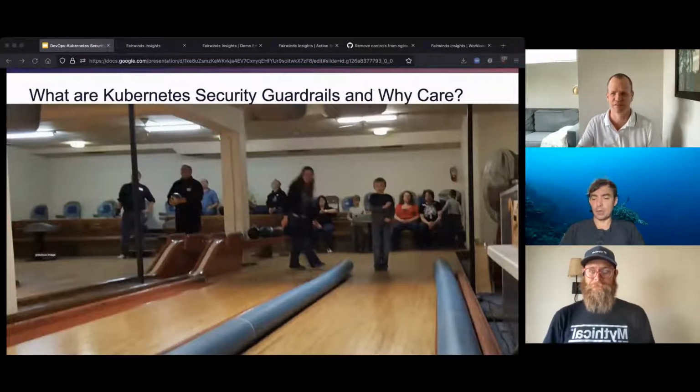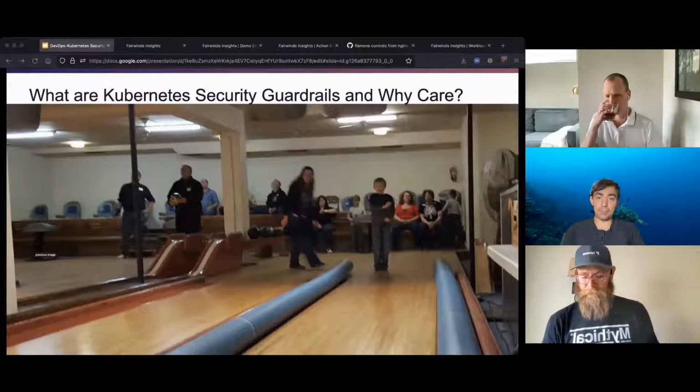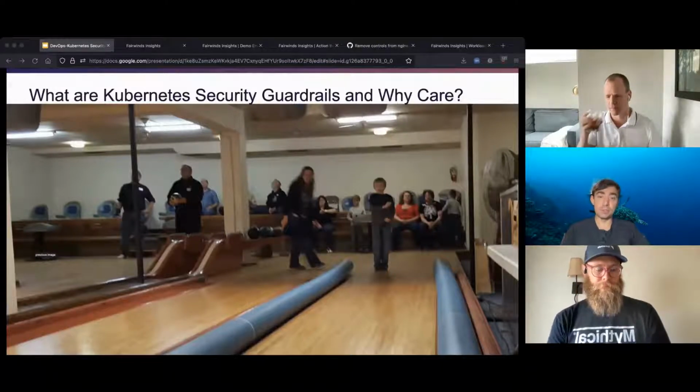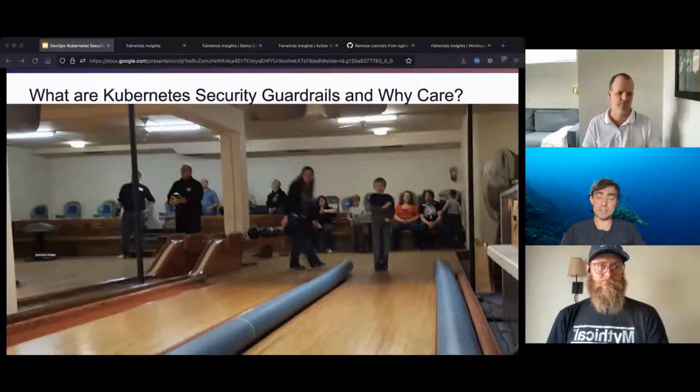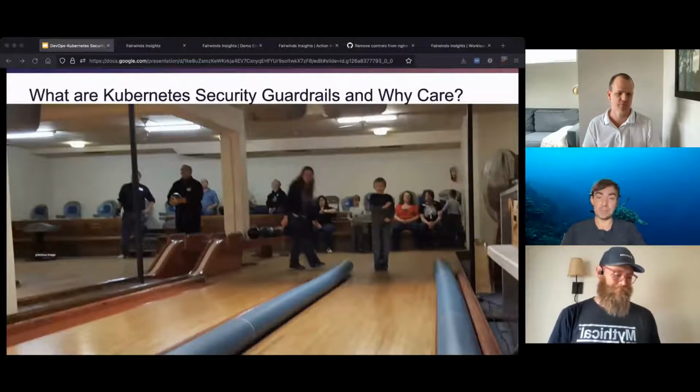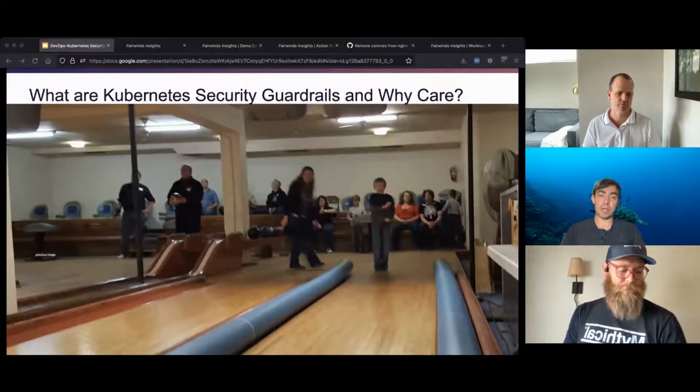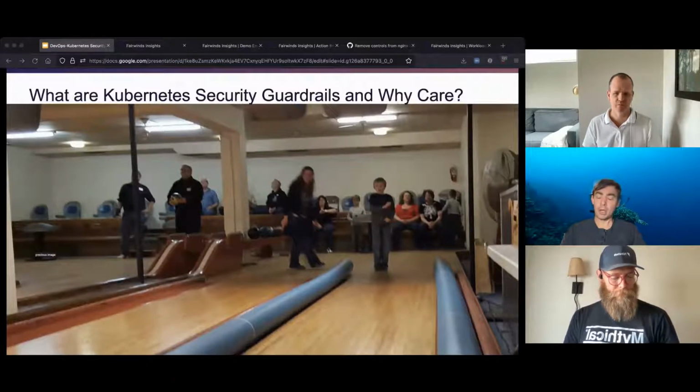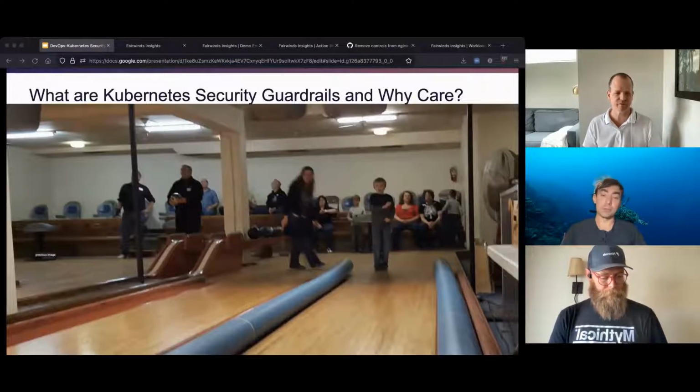Kubernetes allows you to build a platform for developers to ship into. So instead of having a sysadmin like in the old days managing all your servers, and the developers basically just writing source code and throwing it over the wall, now with Kubernetes, developers are able to take more control over the applications that they're shipping into the cluster, and what those applications look like, how they behave, how they scale, et cetera.